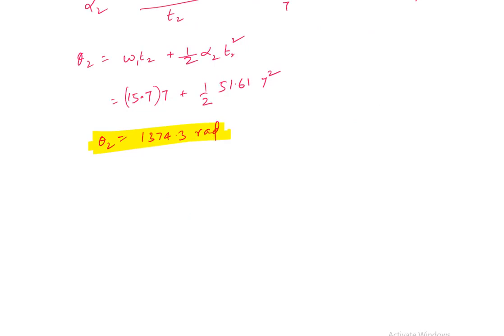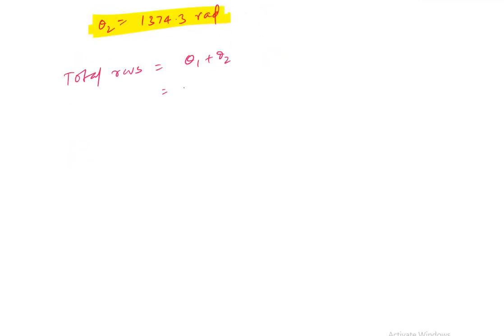So the total is theta 1 plus theta 2, which is 7.85 plus 1374.3, that comes to 1382.15 radians.